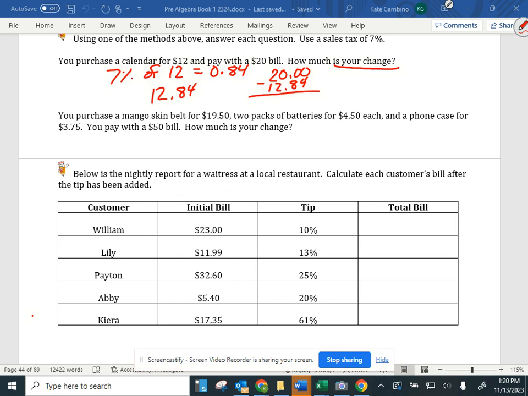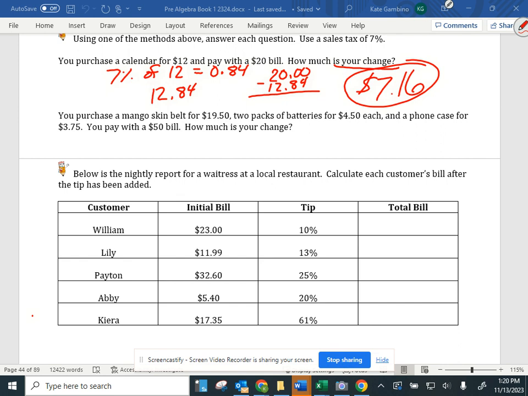So we want to know how much money we get back from $20. So $20 minus $12.84 gives us $7.16. That is our final answer. We always have to go back with those word problems and make sure that we're doing all the steps. We don't want to know $12.84 as our answer, but we need to know that to get to our answer.